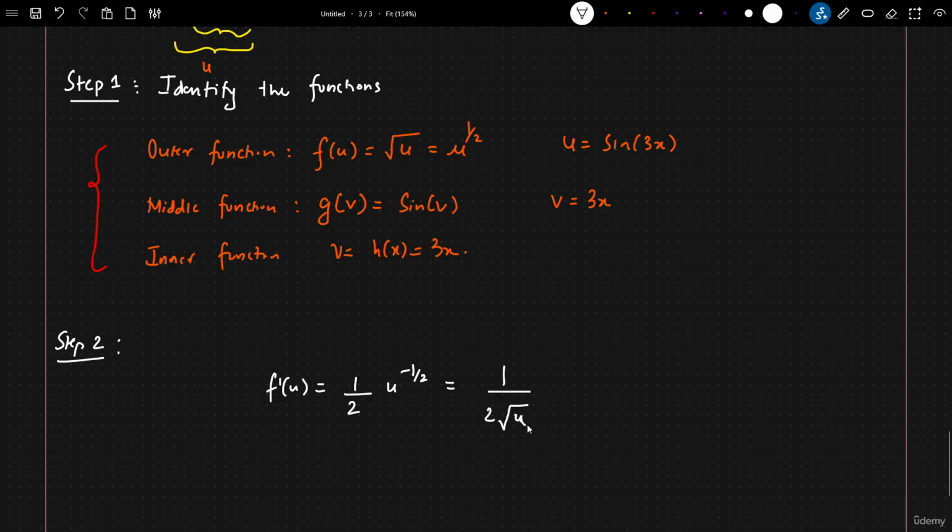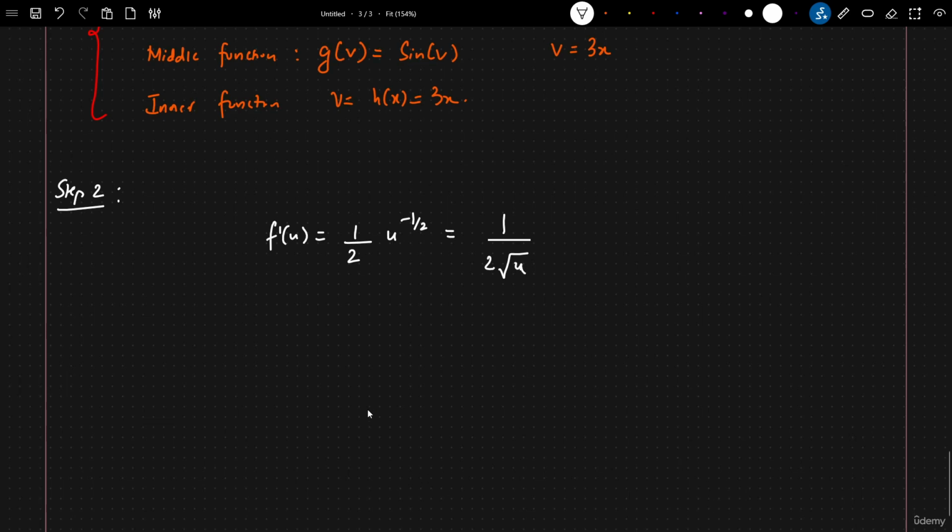That is how you can specify this. Now let's talk about the middle function, g dash of v. You know that g dash of v is what? What is the derivative of sine v? It is nothing but cos v. And then finally you have h dash of x, which is the derivative of h of x with respect to x, which is nothing but 3.